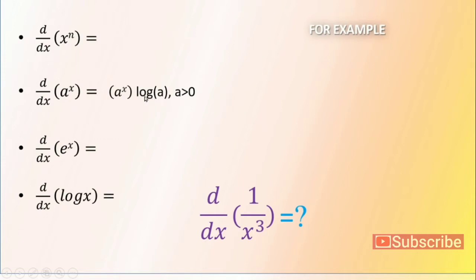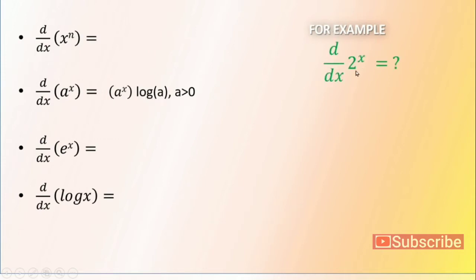Okay, now here you can see d by dx of 2 to the power x. This, you see, a is used as a numerical value, that is 2, right? Positive real numbers. And x is used as the power with which we are going to differentiate. So in this kind of differentiation, we will use this formula.